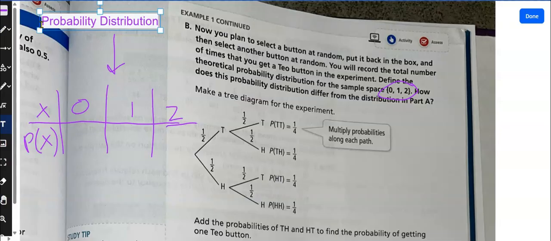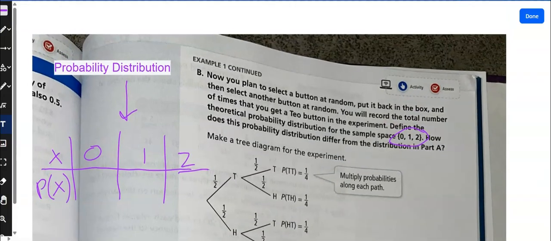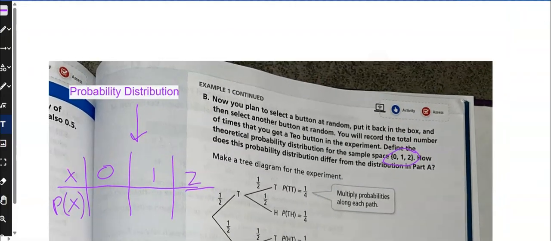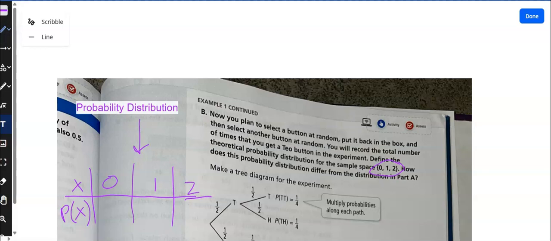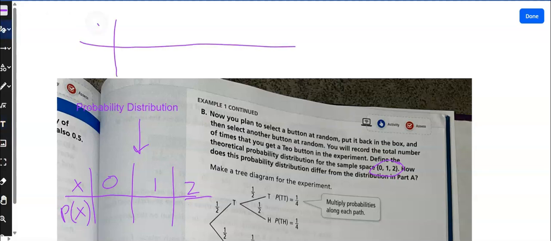Now, we did something similar to it on the boy-girl example. For that boy-girl example, we could have made a probability distribution really quickly. Let's suppose we only want to count the number of girls and the probability of that outcome. So we could get 0 girls, which obviously means all boys, 1 girl, 2 girls, and 3 girls.